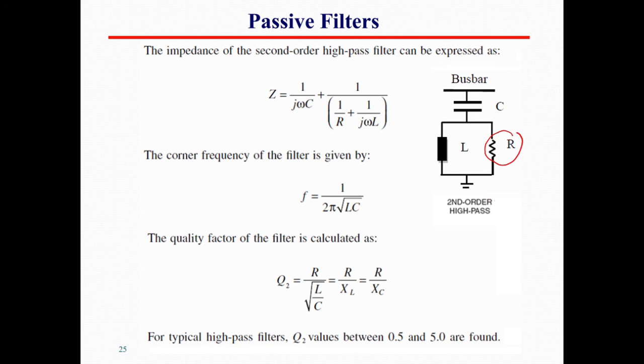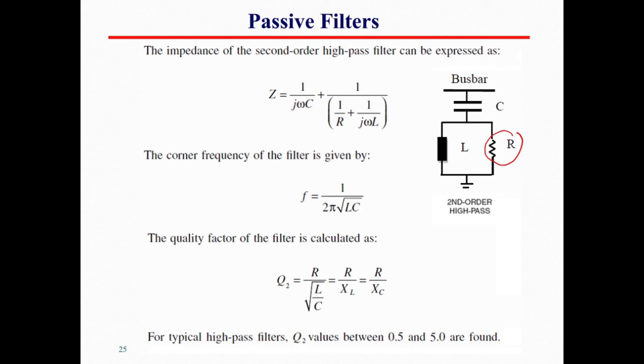And of course, to find the total impedance, it will be the resistance in parallel with the reactance, and then both will be in series with the reactance of the capacitor. And the cutoff or the corner frequency can be obtained from this relationship.